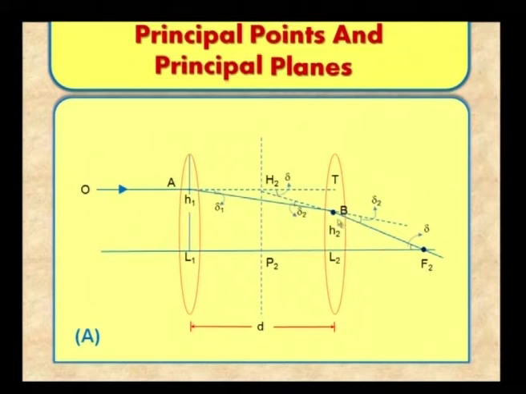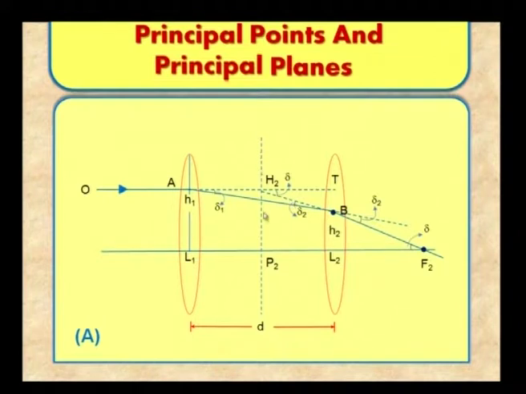Ultimately, you draw a line which cuts OAT. OAT is the line drawn. What is OAT? The incident ray would have gone in this direction, that is OAT. You extend BF2, then it will meet at this point here H2, the angular deviation delta will be here.